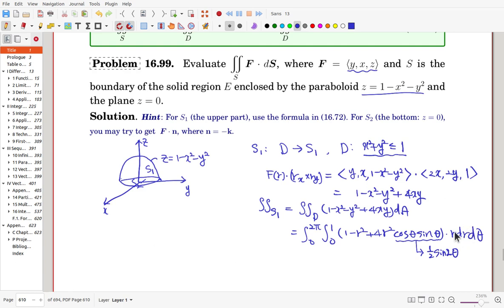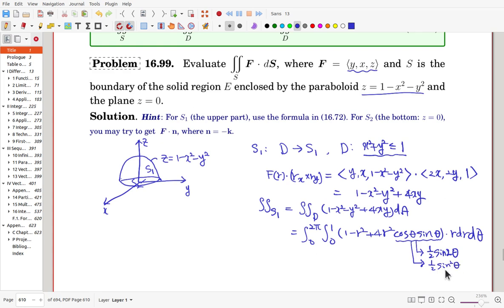As theta moves from 0 to 2 pi, 2 theta moves from 0 to 4 pi, so it's half positive, half negative. So it is 0. Or you may think of the antiderivative. This is the same as half sine squared theta.